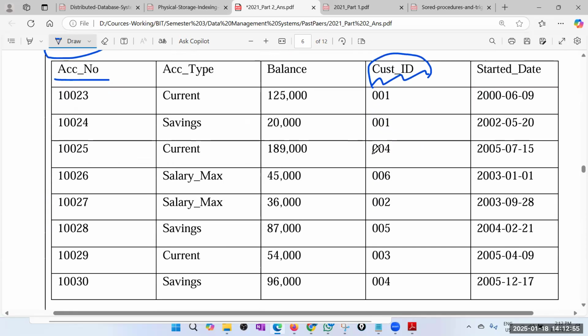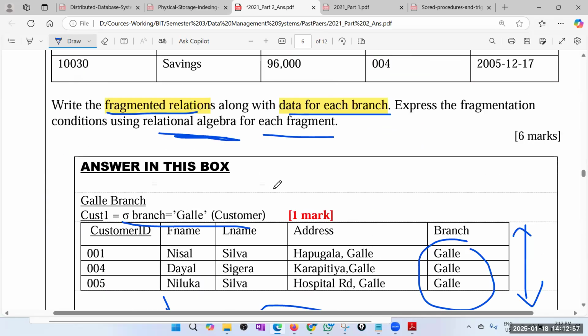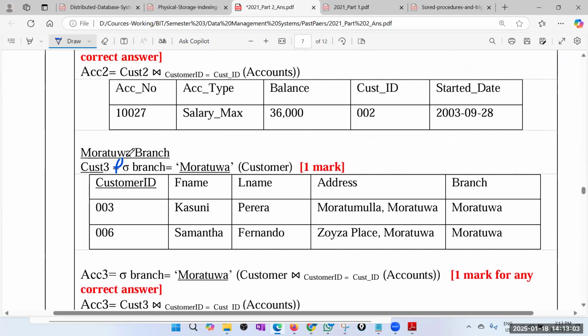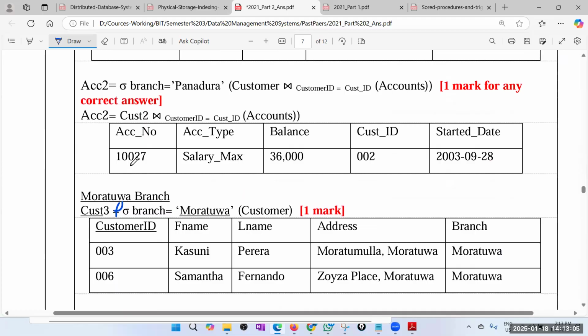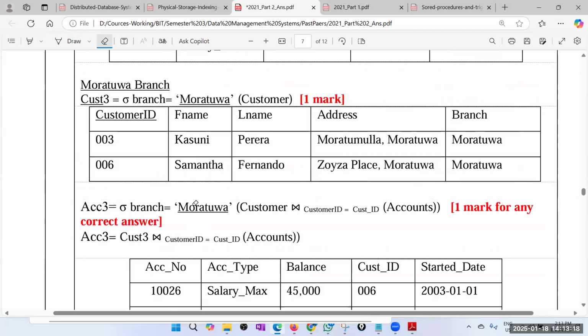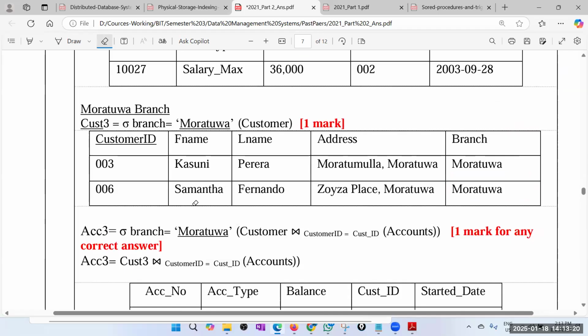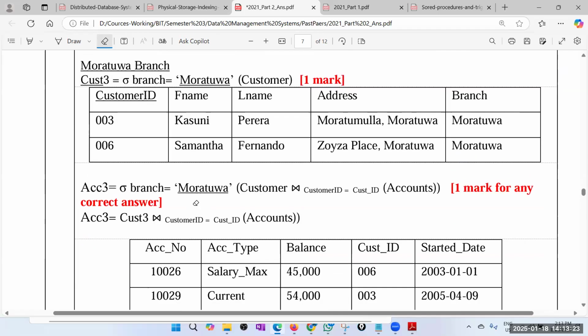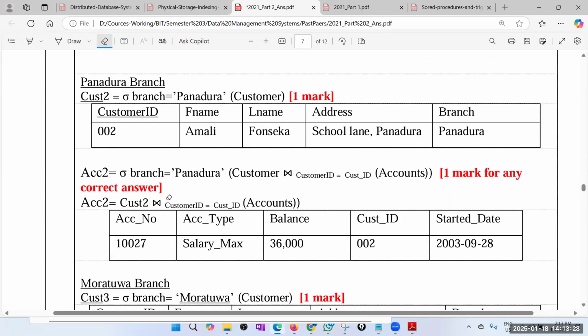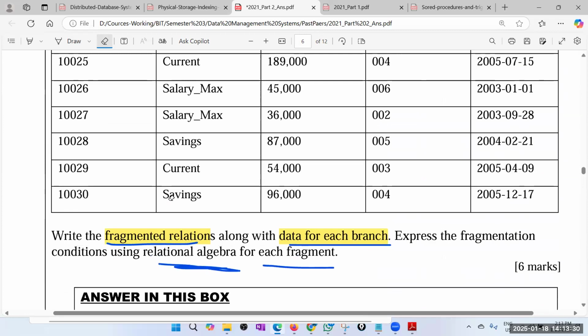I don't know why the examiner has restricted it for Moratuwa also. That is strange. They have filtered branch equal to Moratuwa, and that is a strange answer for me. Why has the examiner filtered it for Moratuwa? Because they say Moratuwa is the head office.